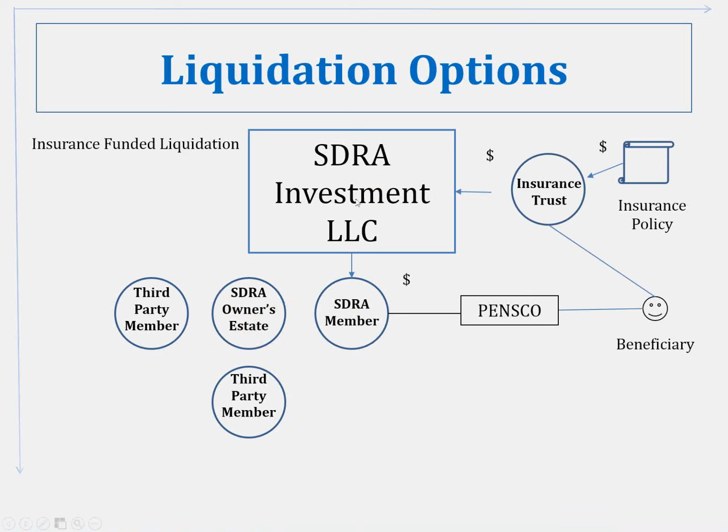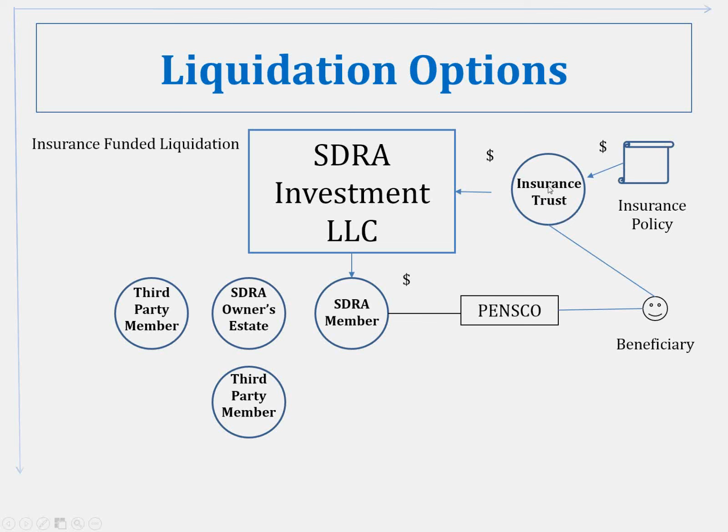But there might be another way. And here's where trust really can be helpful. Let's say that we set up an insurance trust, and that's a trust that is on the life of an individual, and it holds insurance and it is the beneficiary of the policy, and the policy is on the life of the individual person who created the trust.